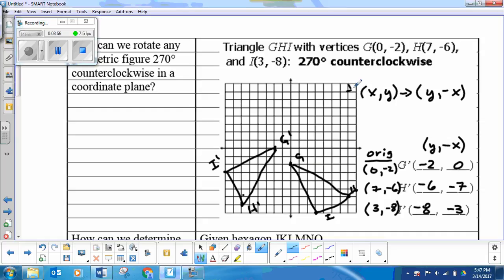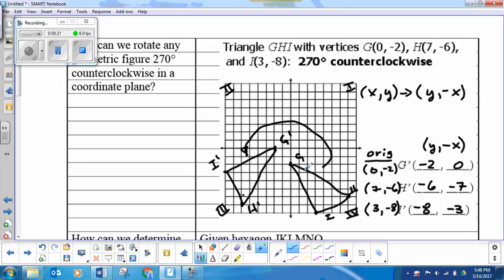So in this case, getting back to our quadrants, we've got 1, 2, 3, and then 4. And the pre-image actually started in the 4th quadrant. Remember, we're going 270 degrees counterclockwise. We're doing a 270 degree rotation. So it has moved from the 4th quadrant all the way over to the 3rd quadrant.